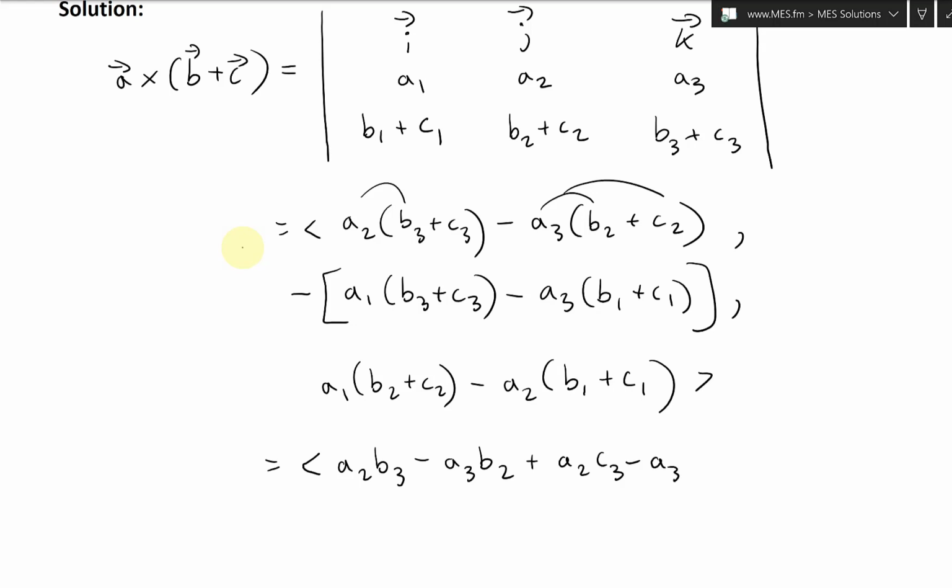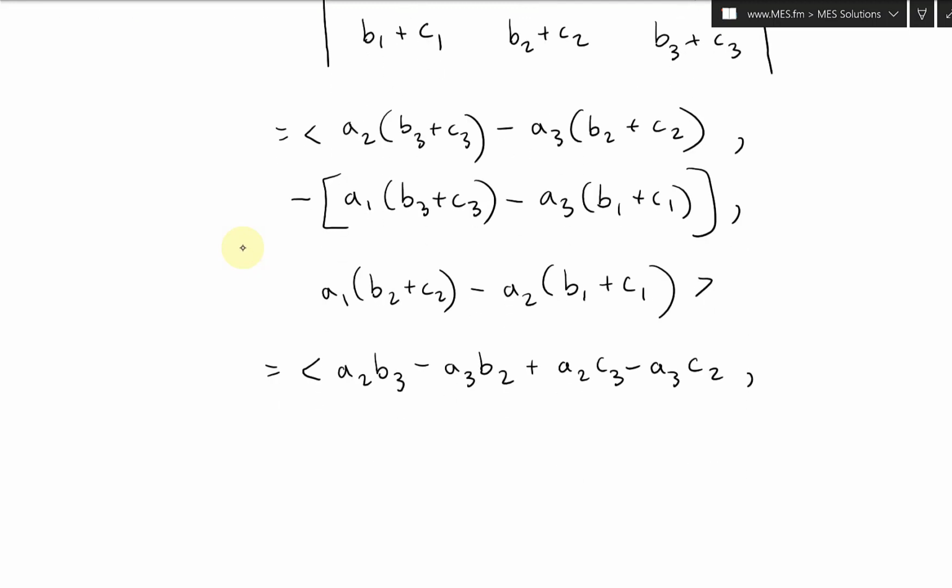Now the next part, we're going to do exactly the same thing here: negative A1 B3 minus A3 B1, and then A1 C3 minus A3 C1, in bracket.